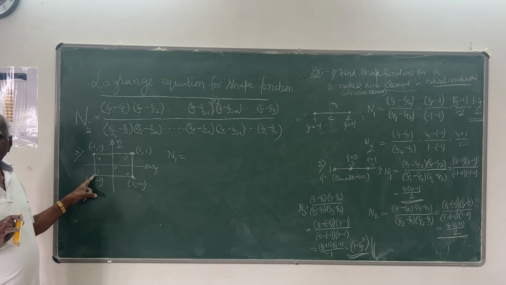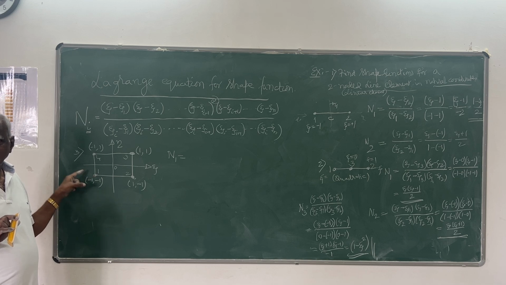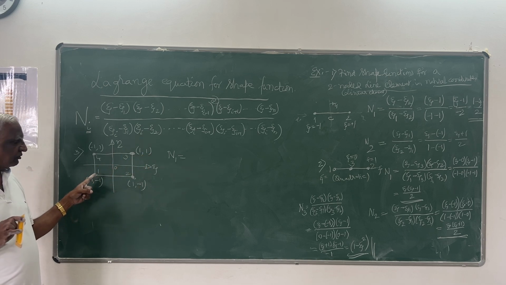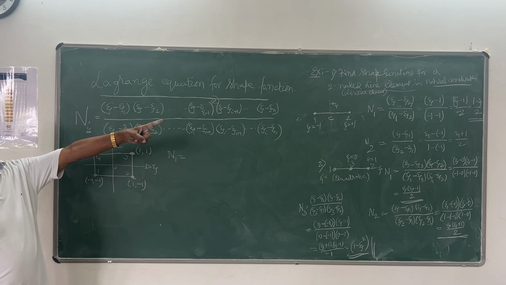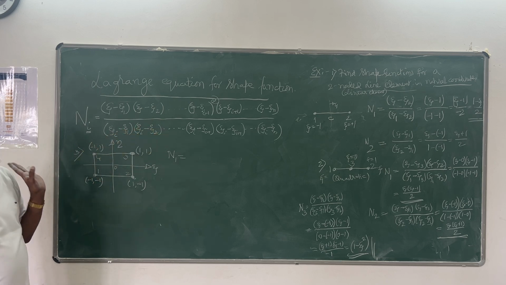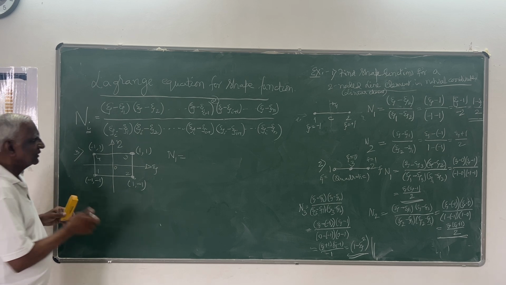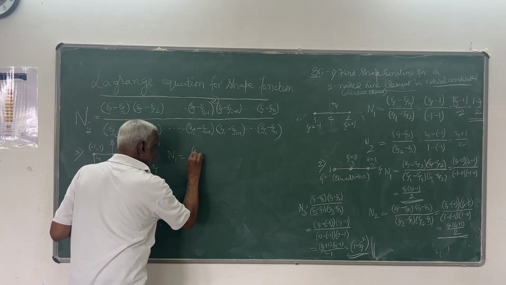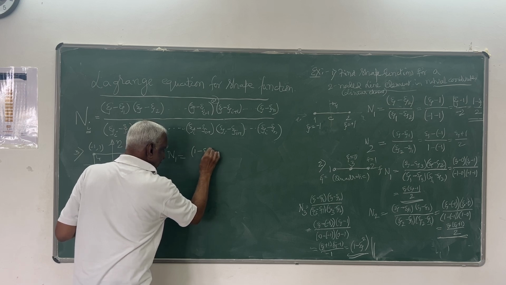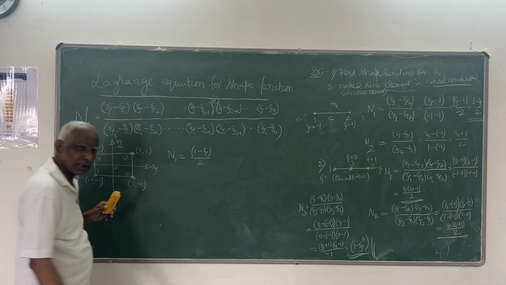So whatever n1 is there for side direction. What is n1 for side direction? 1 minus psi by 2. Correct? Is it clear now? Clear or not? So for node 1, this is 1 minus psi by 2.